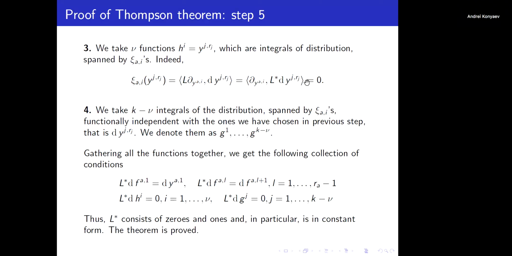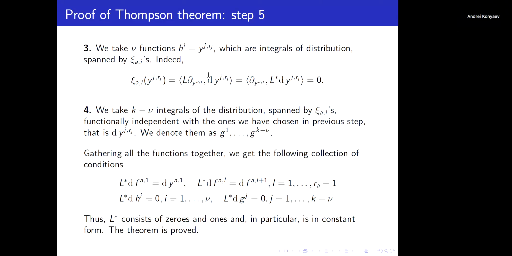So instead of this expression, you can imagine again that you transpose the matrix and you get just a 0 column. It means this is an integral, right? So using this, we get new functions, new integrals, and we take them to be y's.